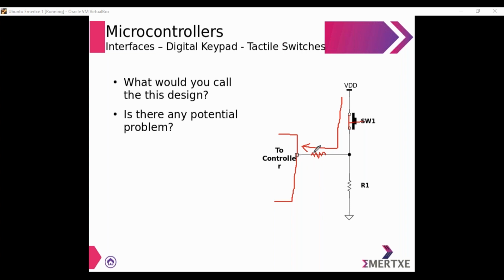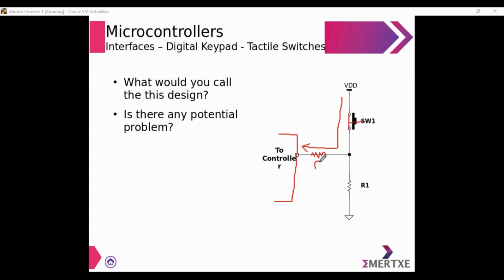But the problem with this is, for the resistor you are going to add, you have to make sure that even after adding the resistor, your current should flow to the microcontroller itself.